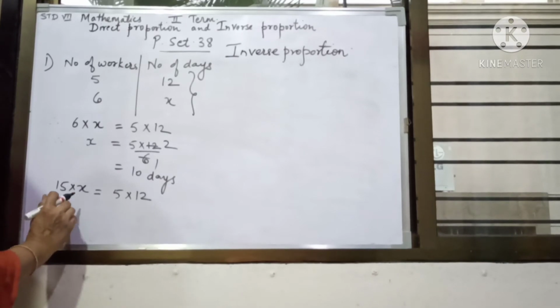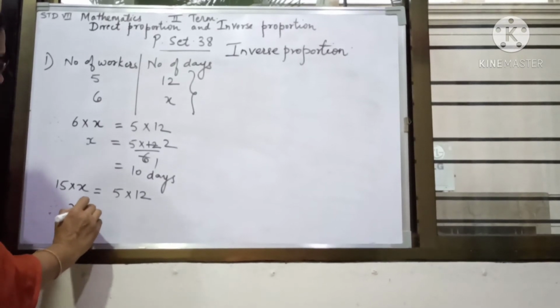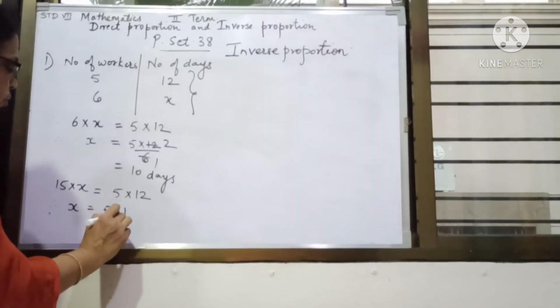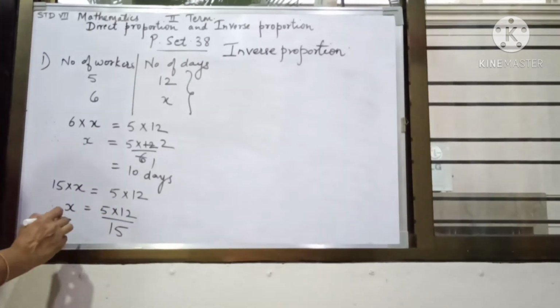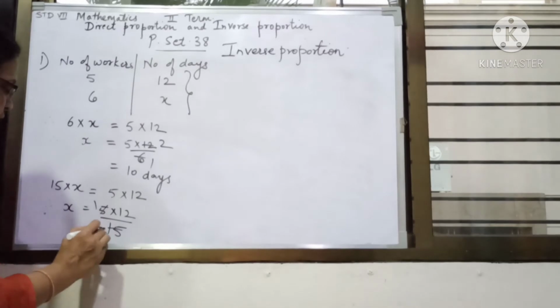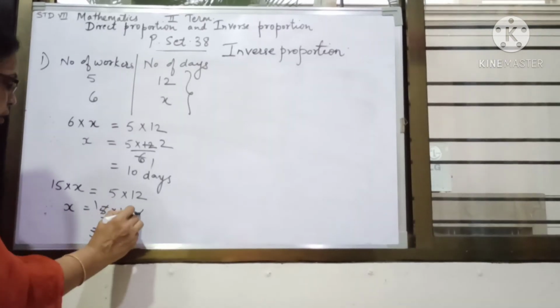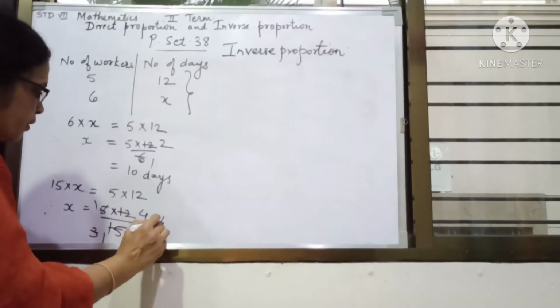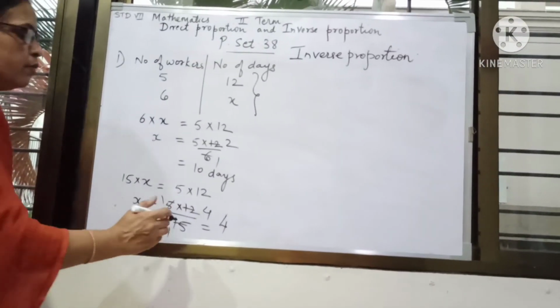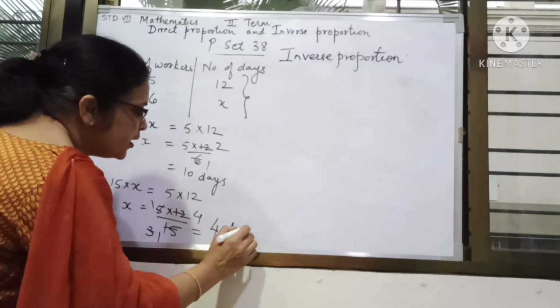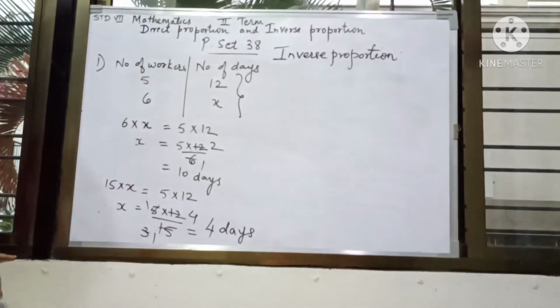So we will find out the value of x. x is equal to 5 into 12 upon 15. So reduce it. 5 1s are 5, 5 3s are 15, 3 4s are 12. So 15 workers will require 4 days to complete the same work.